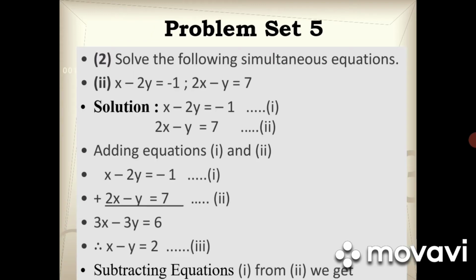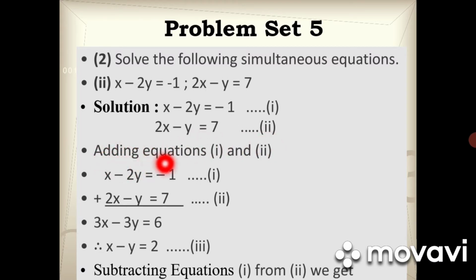Question 2. Solve the following simultaneous equations. Subdivision 2. x - 2y = -1 and 2x - y = 7. Solution. Let x - 2y = -1 be equation 1 and 2x - y = 7 be equation 2.